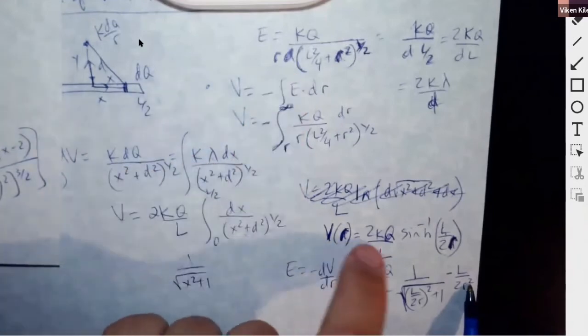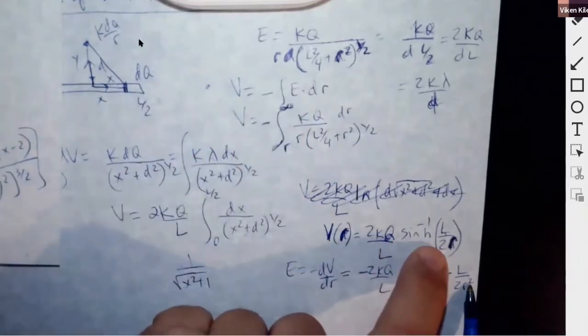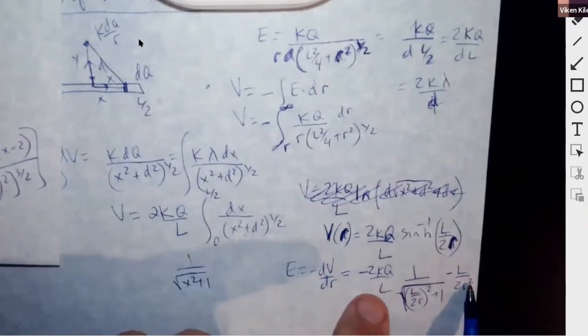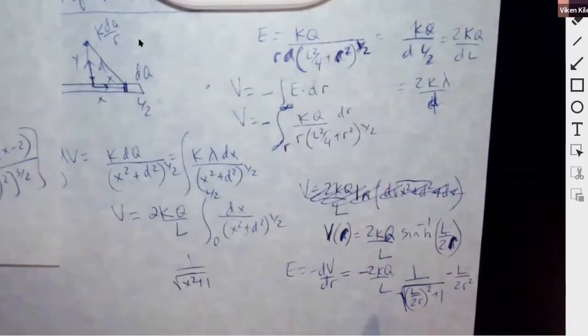So if I take the general voltage equation and take the negative derivative of it, I should get that one. Oh, let's see, oh, I think I am. Oh my gosh.